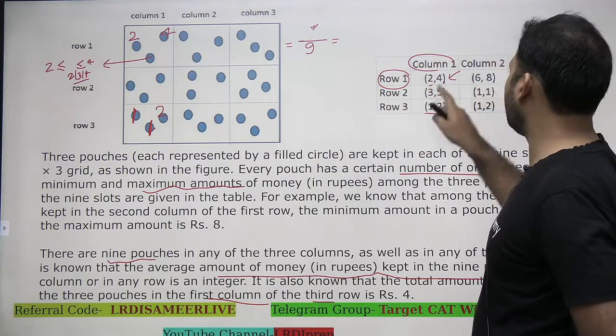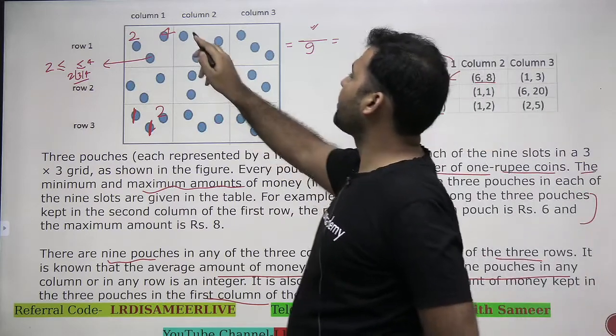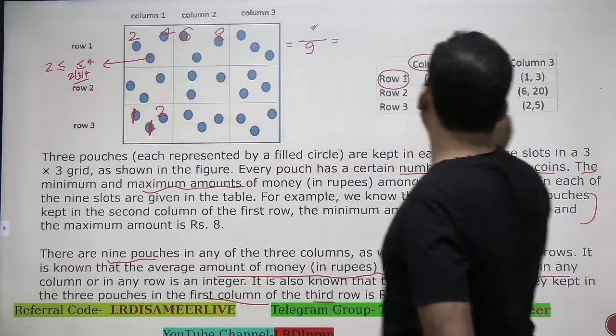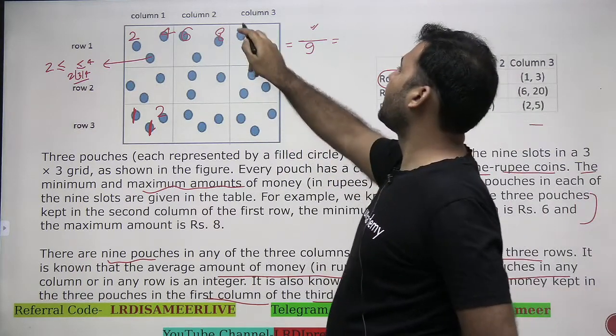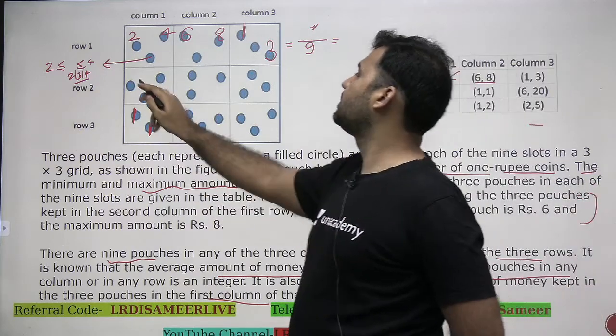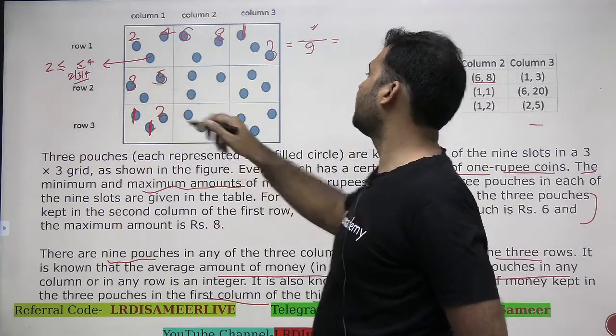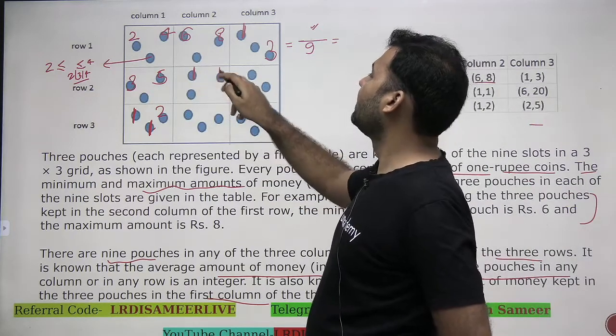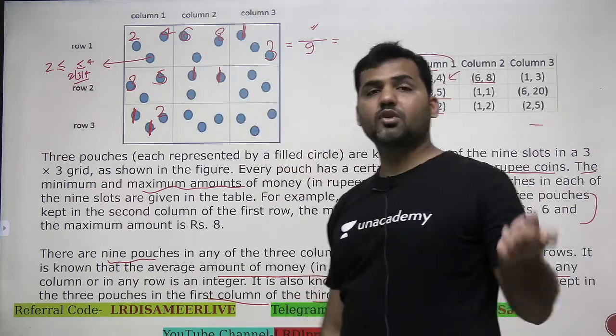Now let's fill in the values here. If you look at this, the minimum number of coins is 6, maximum is 8. This will be anywhere between 6 and 8. If you look at this value, this is 1, minimum 1, maximum 3. If you look at this, minimum 3 and maximum 5. If you look at this, minimum 1, maximum 1. Now you see that the minimum is 1, maximum is also 1.